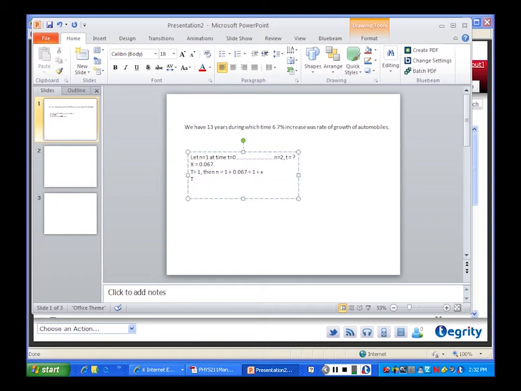At t equals 2 years, then the number we'll get at the end of 2 years is the number we have at the start of that second year, right, after 1 year. So then n equals 1 plus x, that's what we started with the year, plus the percentage increase on that starting amount. So that means we're going to multiply x times 1 plus x.